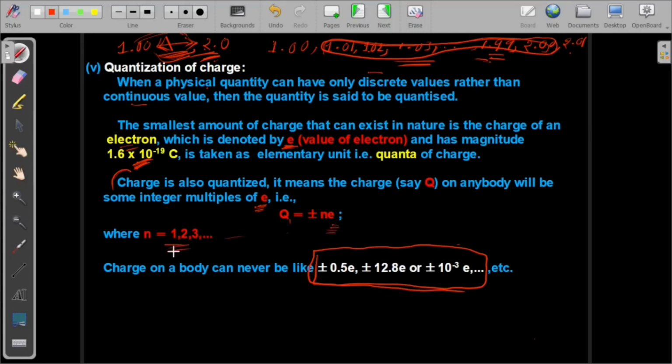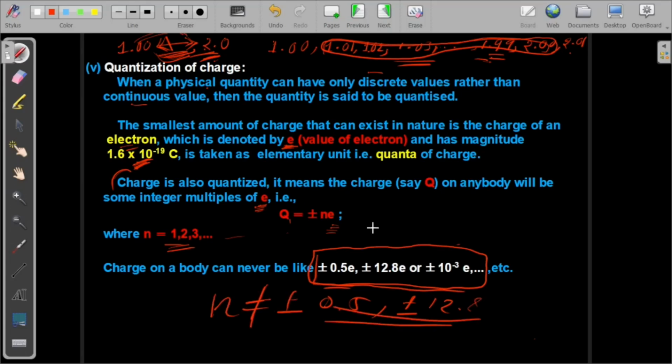The value of n should be an integer, not like 0.5 or 12.8. The value of n can't be like this.